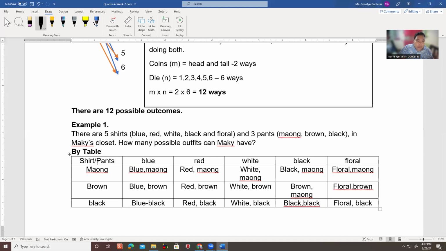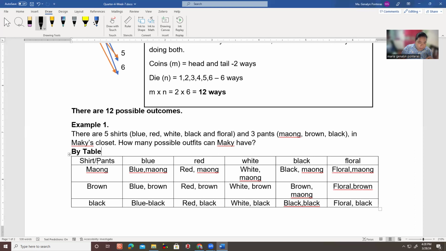So getting the combinations, maong paired with blue, that's one outfit. Red with maong, white maong, black maong, floral maong. So those are 5 outfits with 5 shirts and 1 pair of pants. What if we have brown?